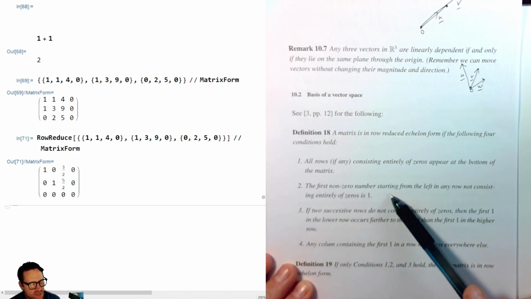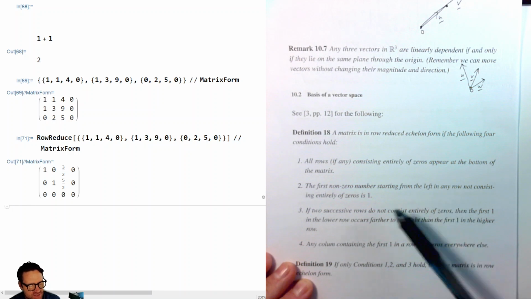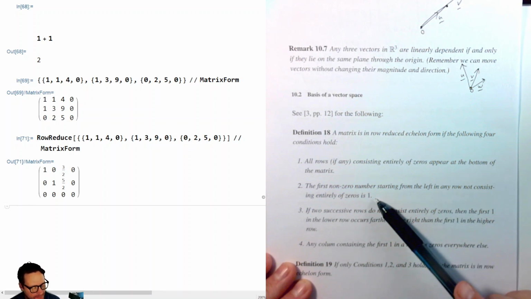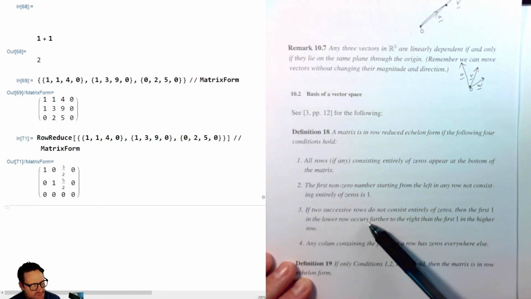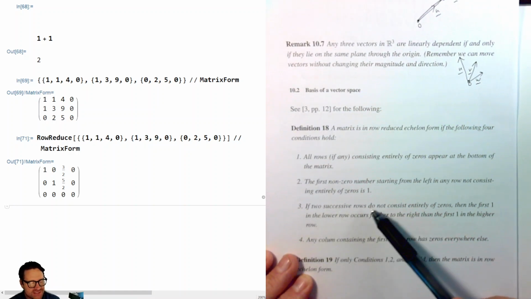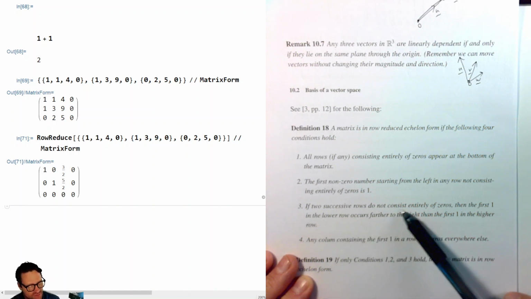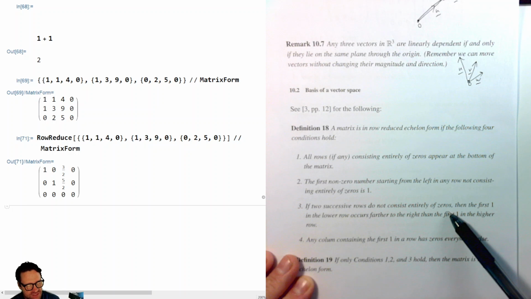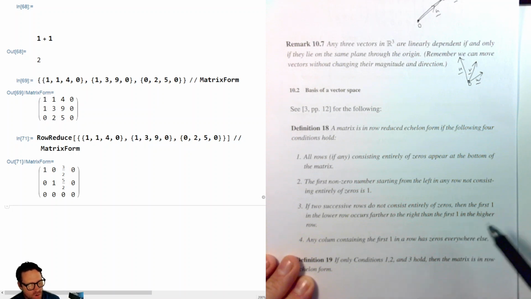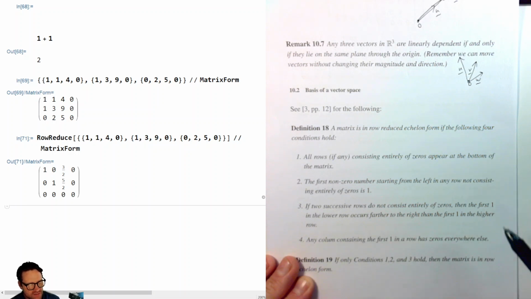Two: the first non-zero number starting from the left in any row not consisting of entirely zeros is a 1. Three: if 2 successive rows do not consist entirely of zeros, then the first one in the lower row occurs farther to the right than the first one in the higher row.